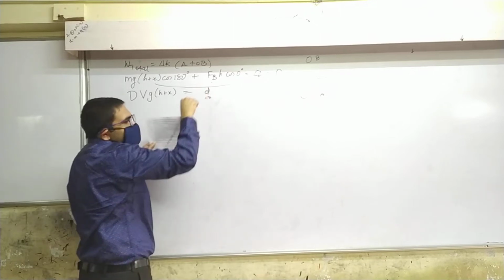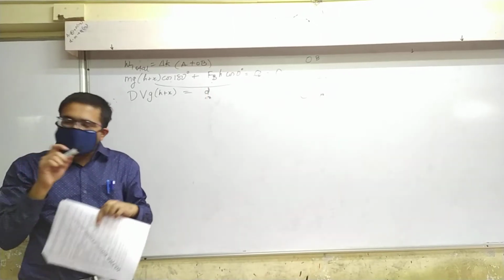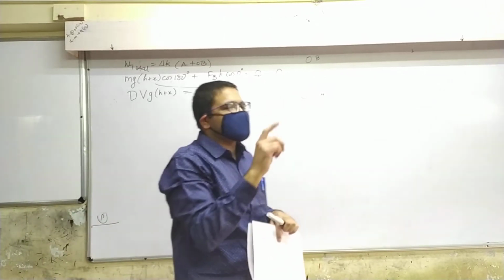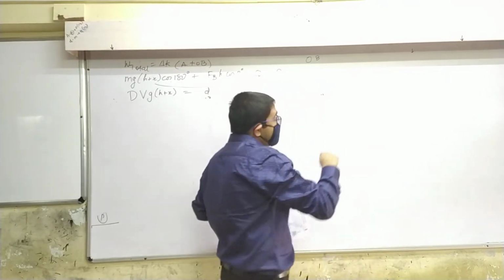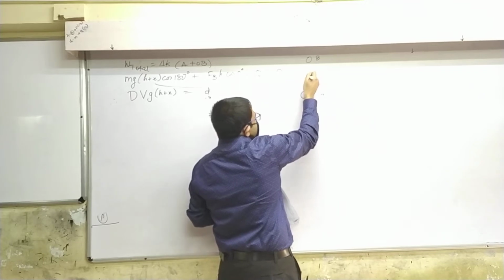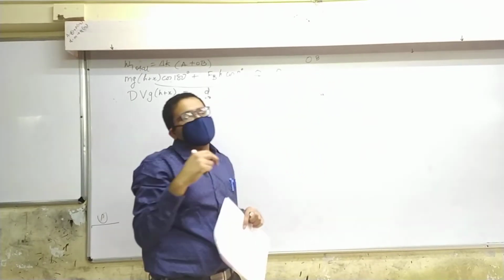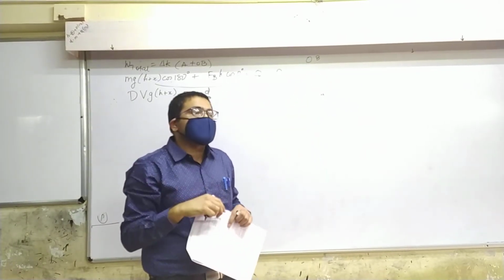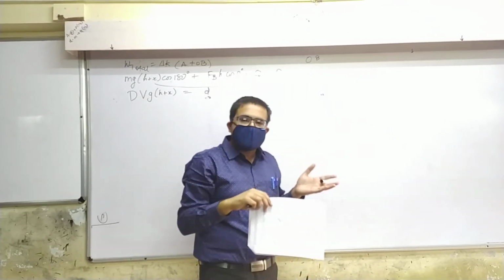Into volume immersed. See, this is the reason why I told you that the ball should be small. Because if the ball is larger, there will be a time when it is partially inside and partially outside. To tackle that situation, we'll have to integrate.